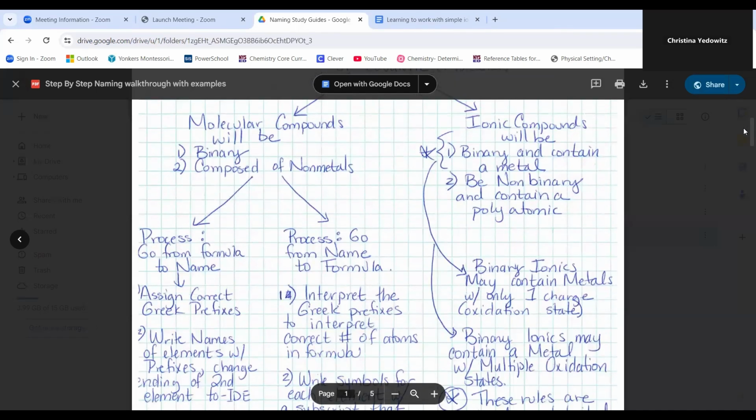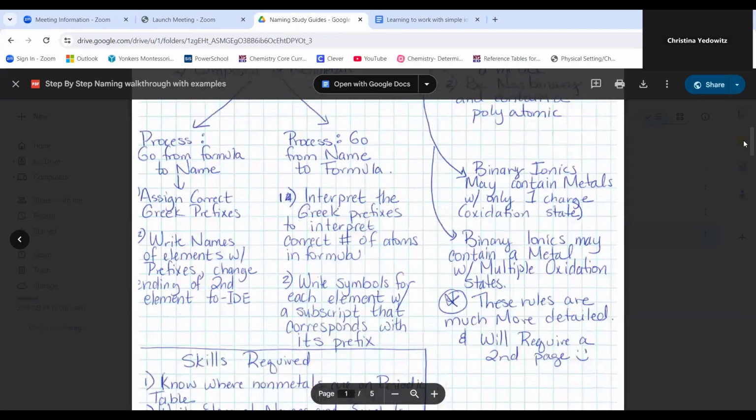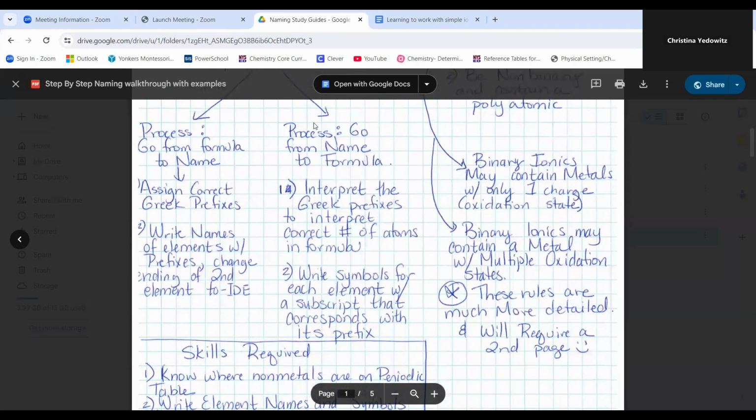That's what we did yesterday. Down here, these are the steps for naming molecular compounds. If you're going to go from a formula to a name, or from a name to a formula, and that's it, you're done. Those are the steps. For ionic compounds, things get way more complicated.